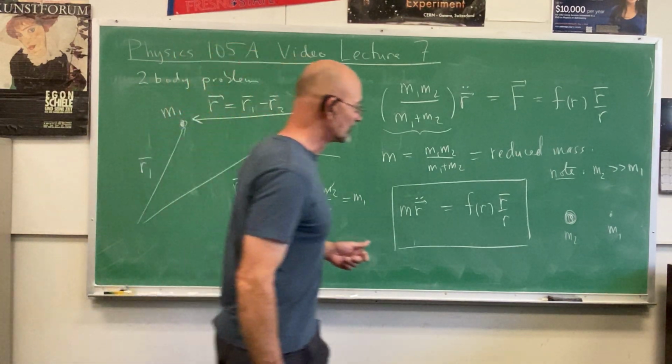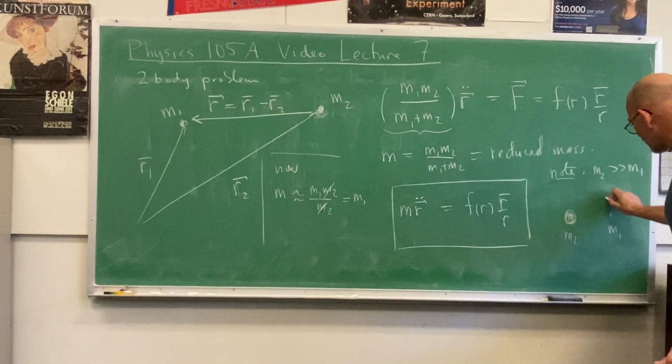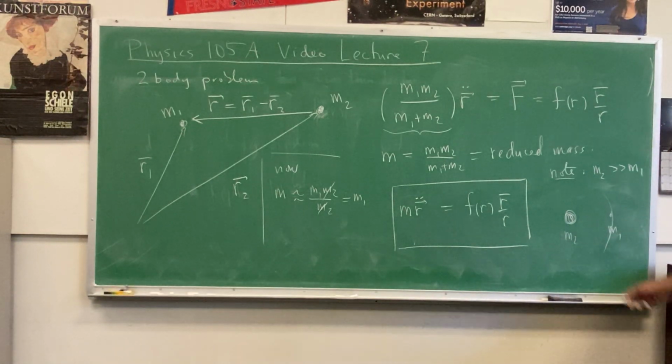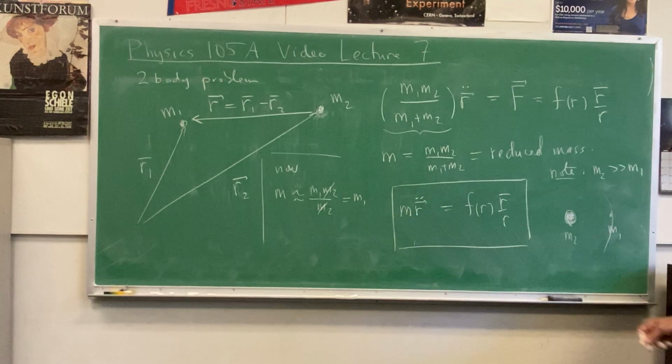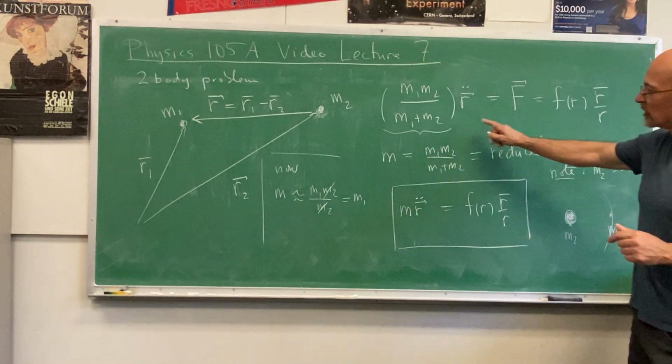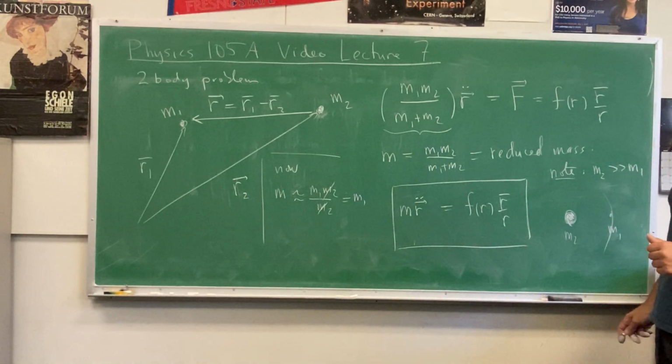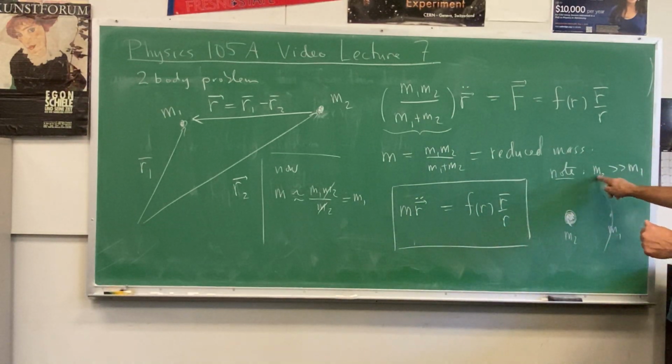And then you can say, well, this one is going to be orbiting the large central body, and it's pretty simple in that way. Now, this is much more general though, so suppose you have equal masses. So here was M2 much greater than M1. What if they're equal?